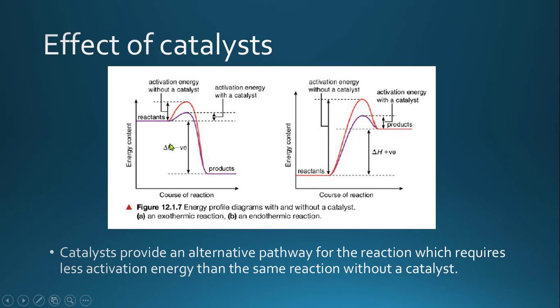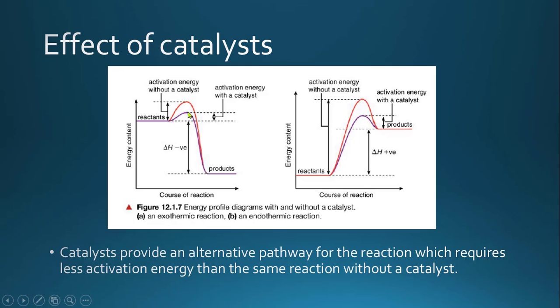How we show the effect of a catalyst on an energy profile diagram, we just draw a shorter line compared to the original activation energy. So it's still connected to the reactants and products, and the enthalpy change remains the same.